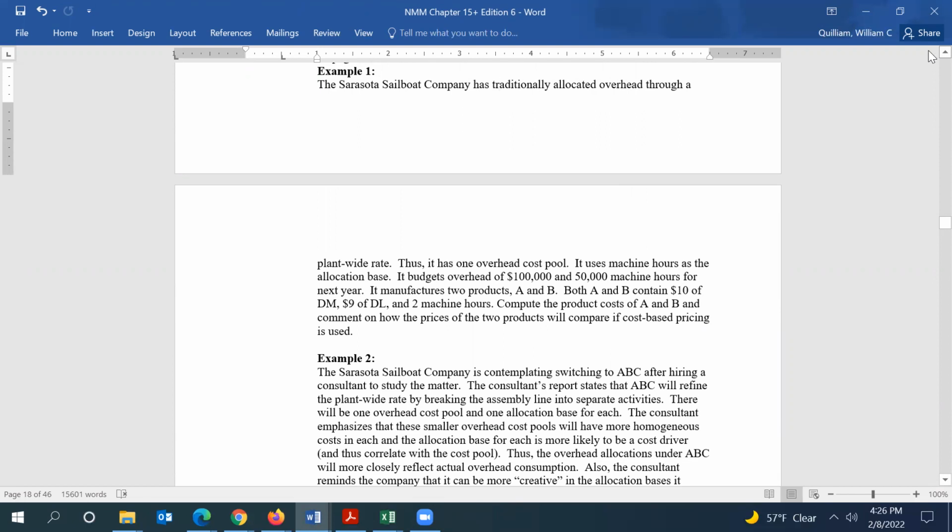Manufactures two products, A and B. Both A and B contain $10 of direct materials, $9 of direct labor, and 2 machine hours. So we're to compute the product costs of A and B and comment on how the prices of the two products will compare if cost-based pricing is used.